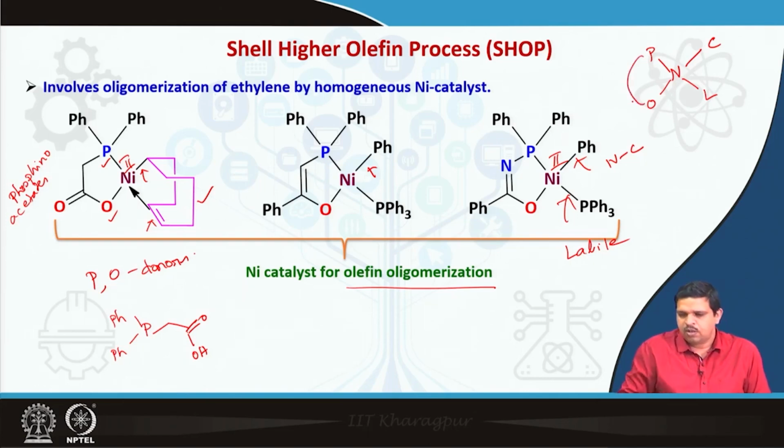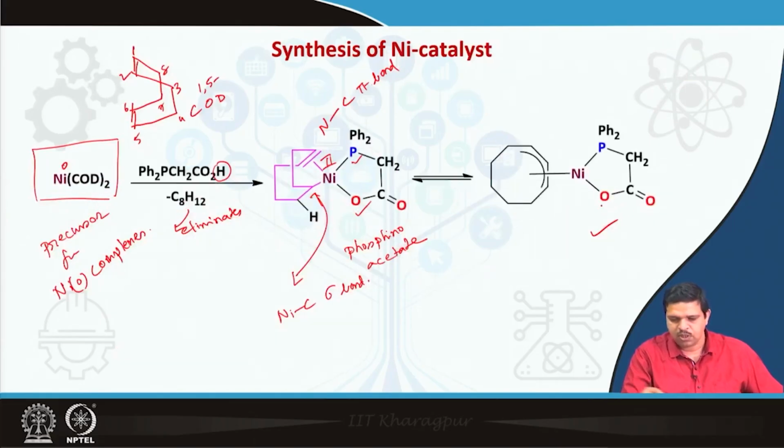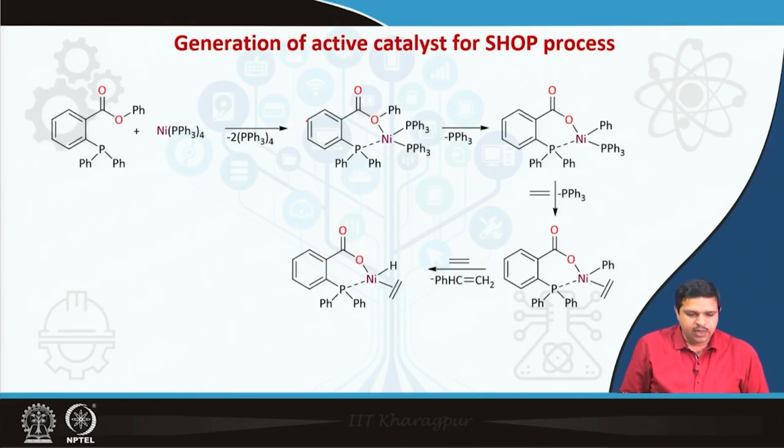Okay, that is the basic chemical structure of the nickel 2 catalyst. So this is also preserved here. Here instead of the phosphine, you have one alkene. Fine.